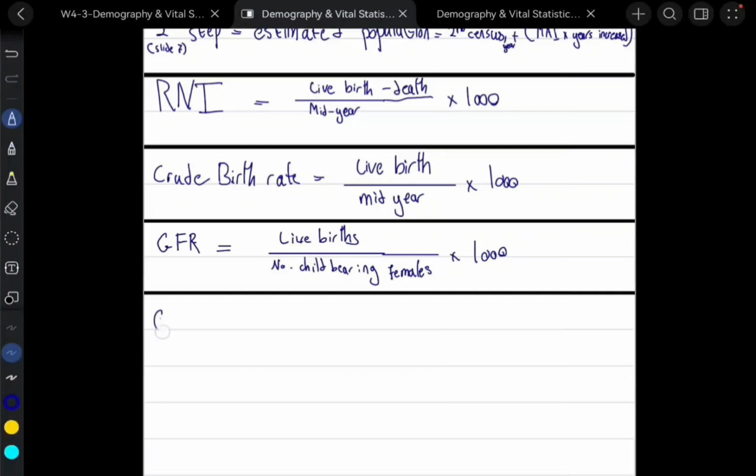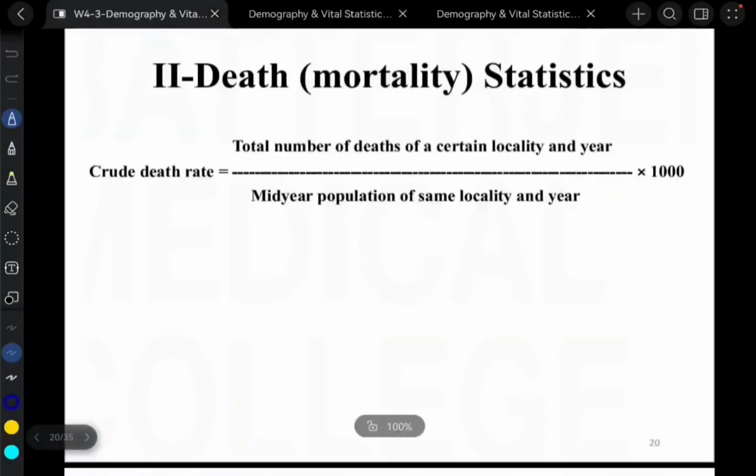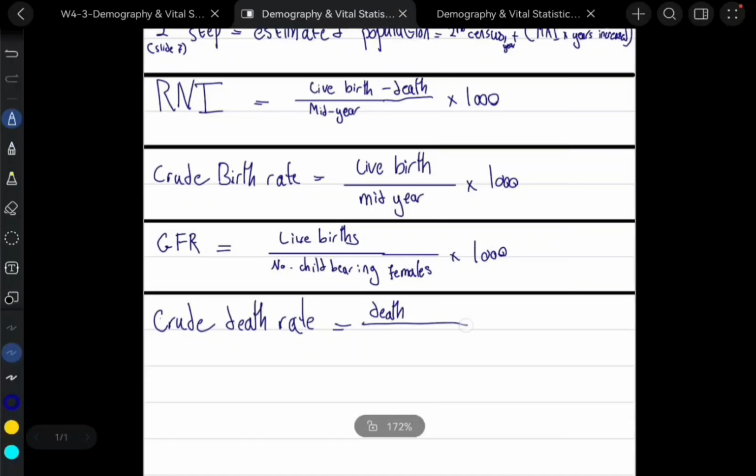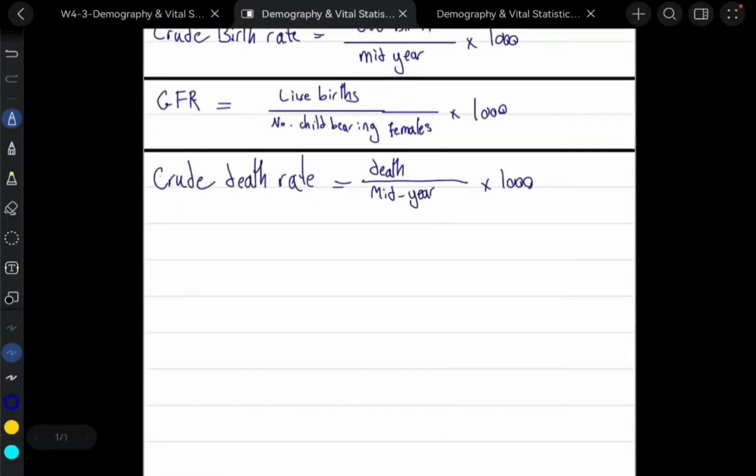We said here, crude death rate equals total number of deaths over mid-year population, again, times 1,000. Here it's the same as the crude birth rate, but instead of calculating the people who were born in this year, we're calculating the people who died in this year. Okay?